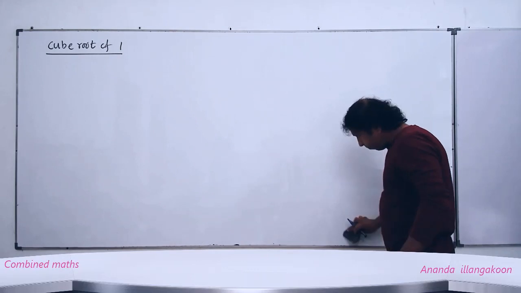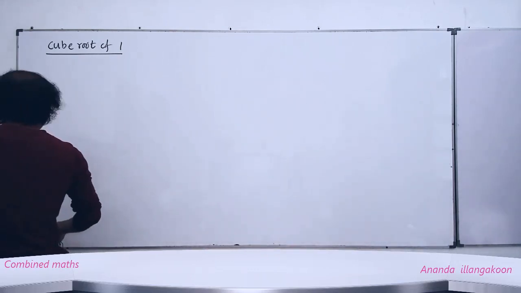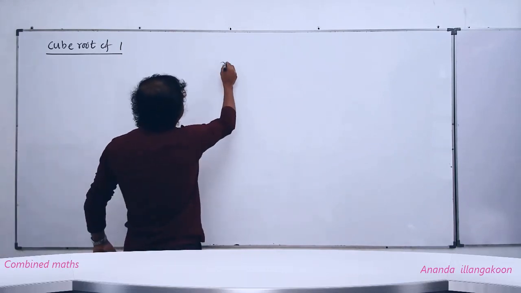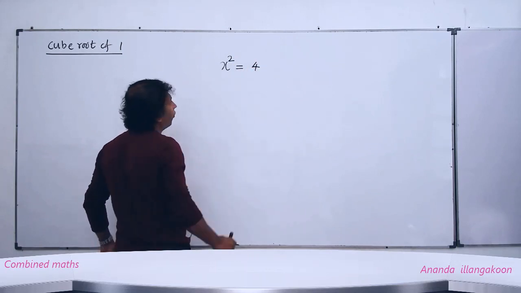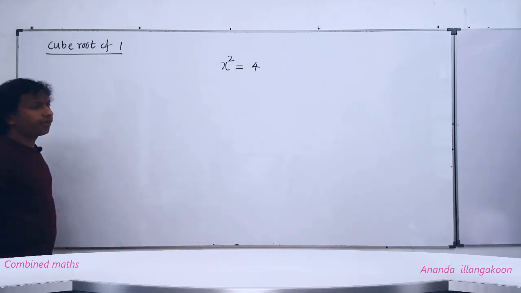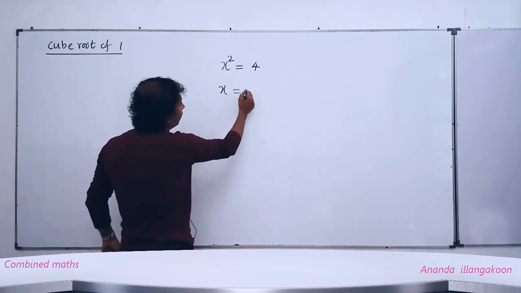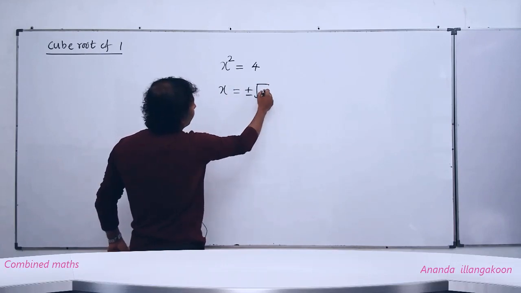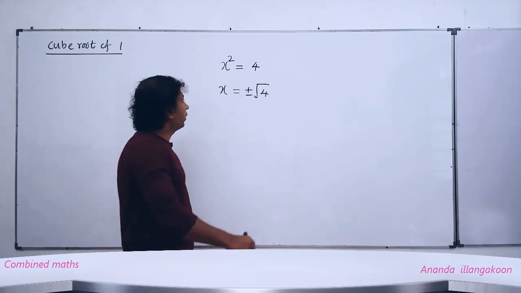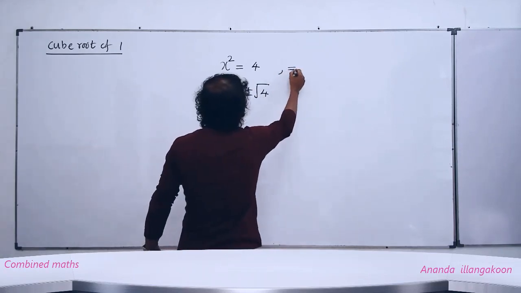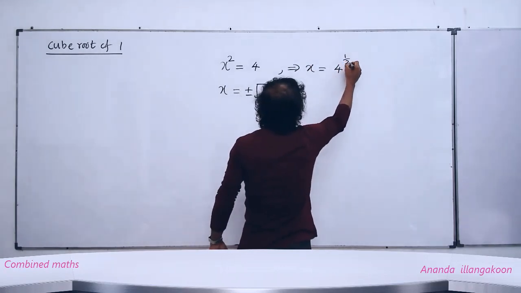Right, now when I consider x squared equals 4, then how do we write this? x equals plus or minus square root of 4. The square root means what? x is equal to 4 to the power half.